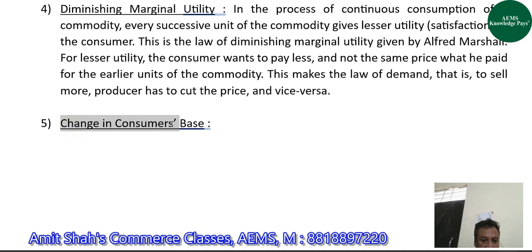Now here we will have additional consumers of the commodity. When I say consumer base, it is the total number of consumers of a commodity.